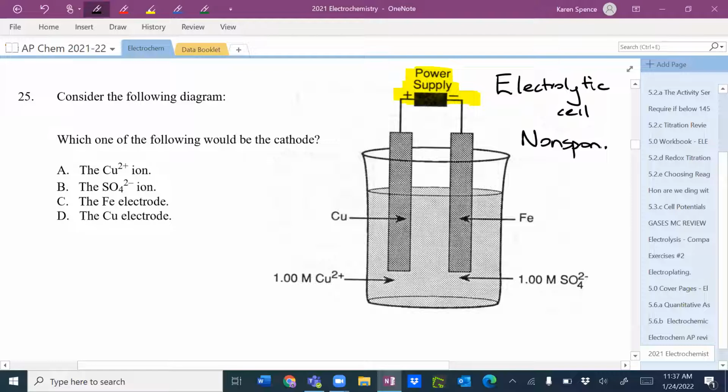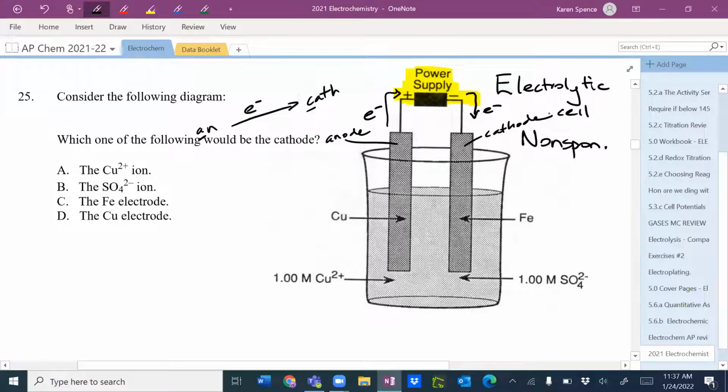And the way you can tell which direction the electrons flow is by saying electrons move away from negative and they move towards positive. And electrons move from the anode to the cathode in alphabetical order. And so we are going from the anode to the cathode.